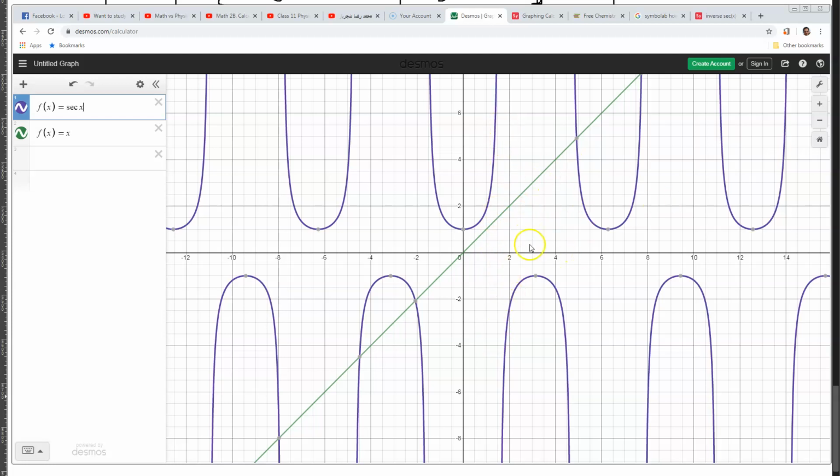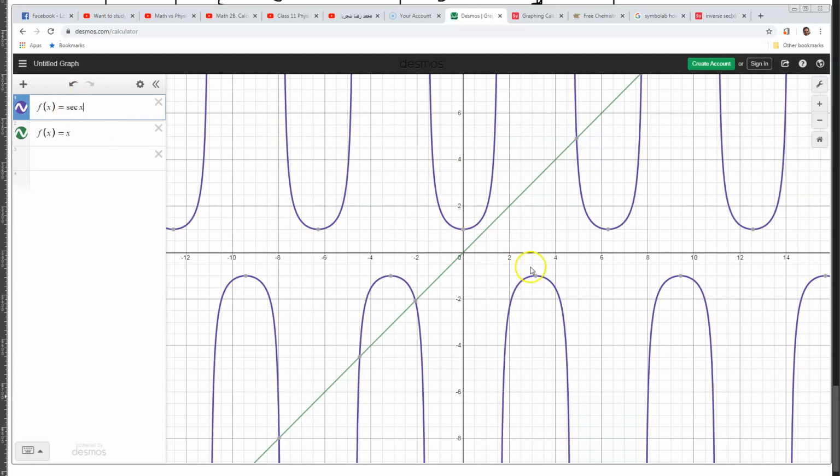So somewhere over here you would have an asymptote which is not drawn here by this calculator, and so we can restrict the domain of this function to 0 to pi, and of course we have to take out pi by 2 because the function is not defined at pi by 2, and that becomes the range of the secant inverse function.